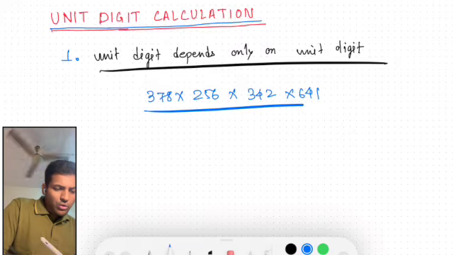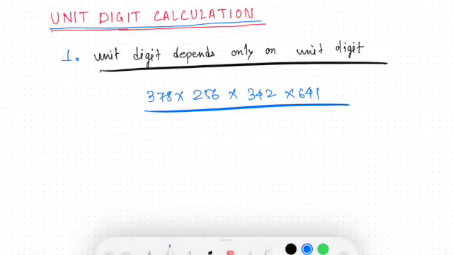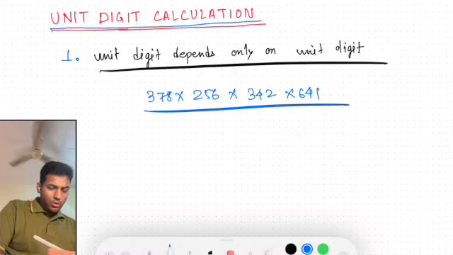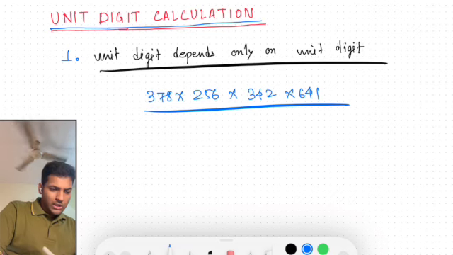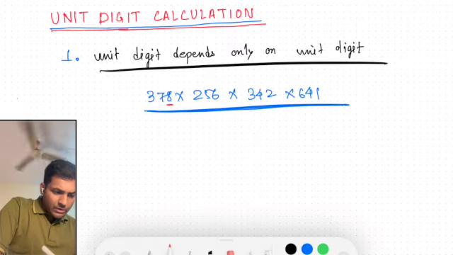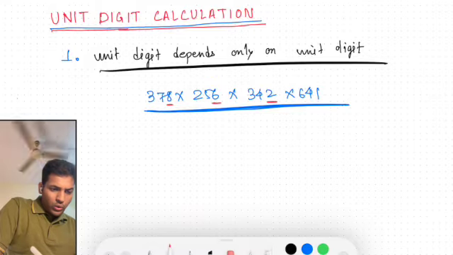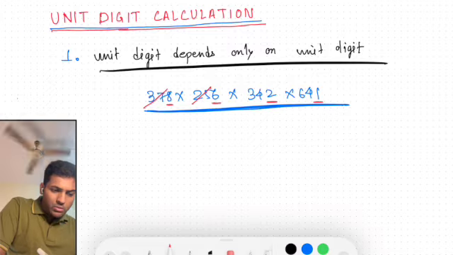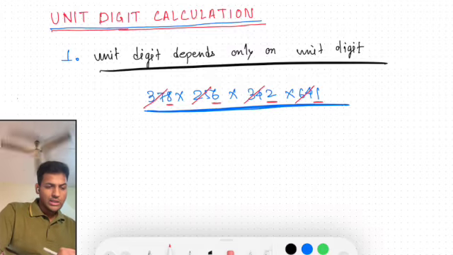Now I have asked you to find the unit digit for this. If you are asked to find the unit digit of this complex expression, it will not depend on anything else but the unit digits of all these numbers, which are 8, 6, 2, 1. Are you getting it? You can just remove all other digits.